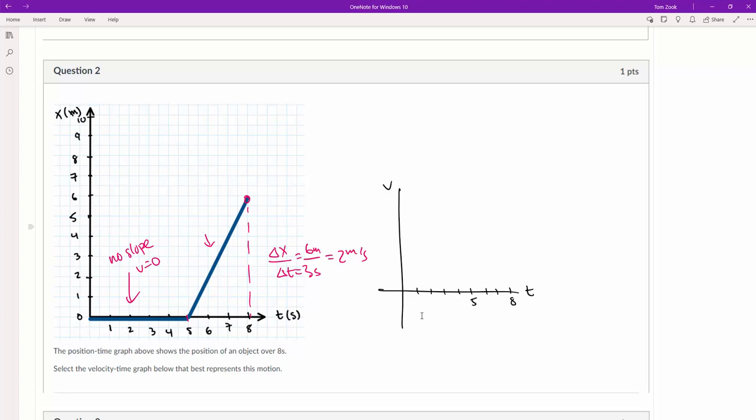And then it's 1 and 2 right there. So that's 0 velocity, 0 seconds. And so we should get something, drawn with green, for the first 5 seconds a flat line, and then it jumps up to 2 for the next 3 seconds. I'm not sure what the scaling is going to look like on our answer options, but that's what I would expect it to look like, a nice step like this.